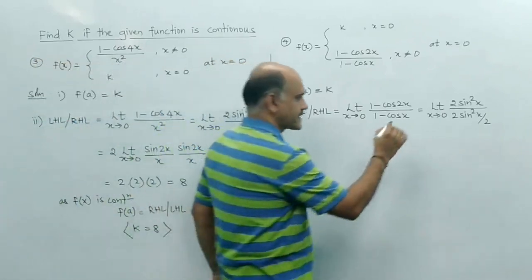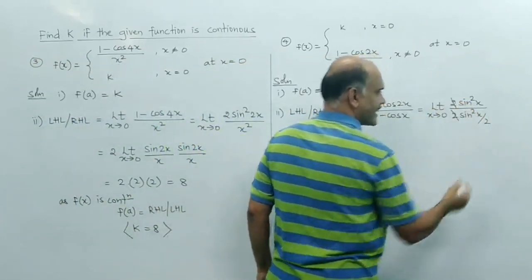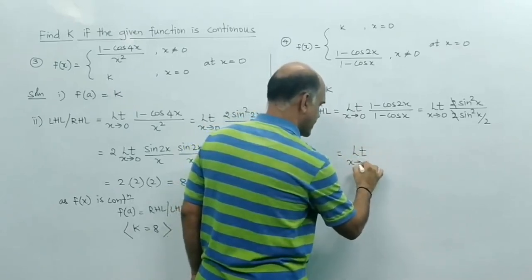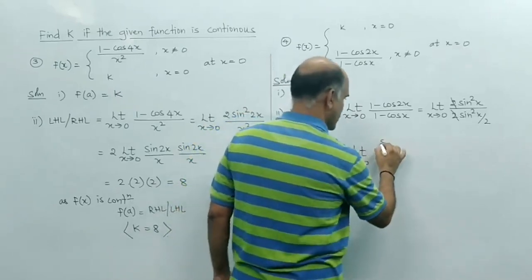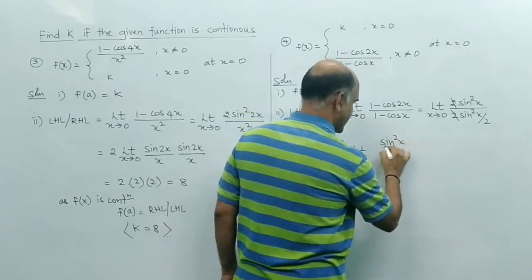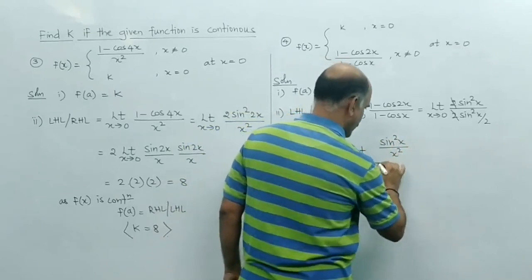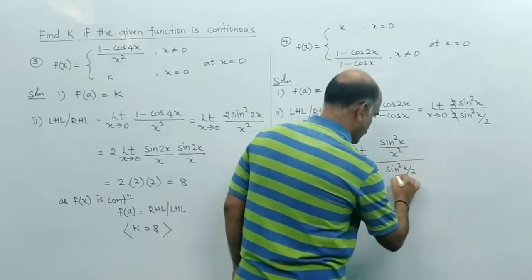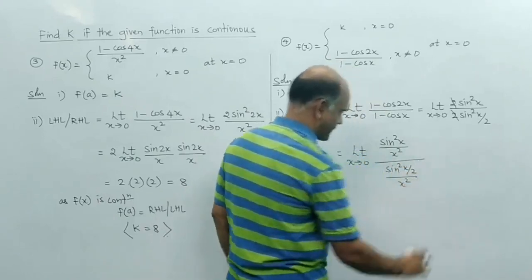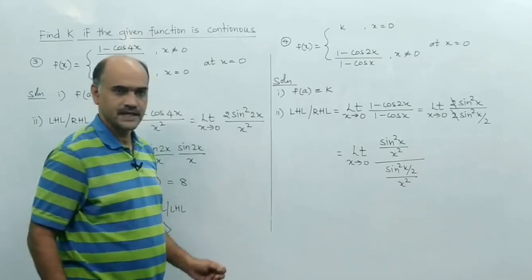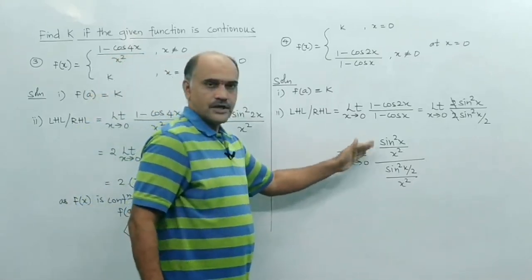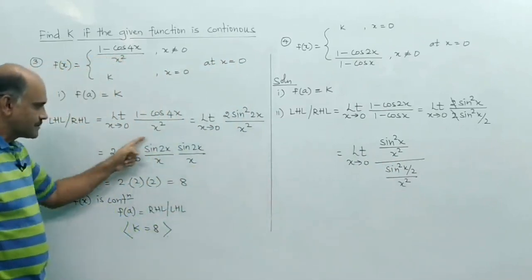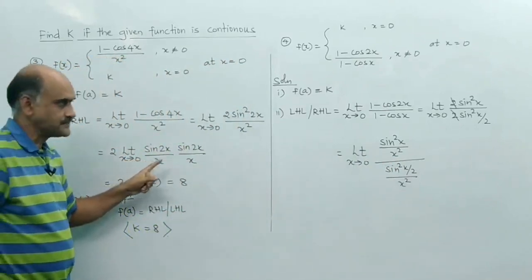Limit x tends to 0, sin square x divided by x square, whole divided by sin square x by 2 divided by x square. Now apply the limit separately to numerator and denominator and simplify as I have done over here.